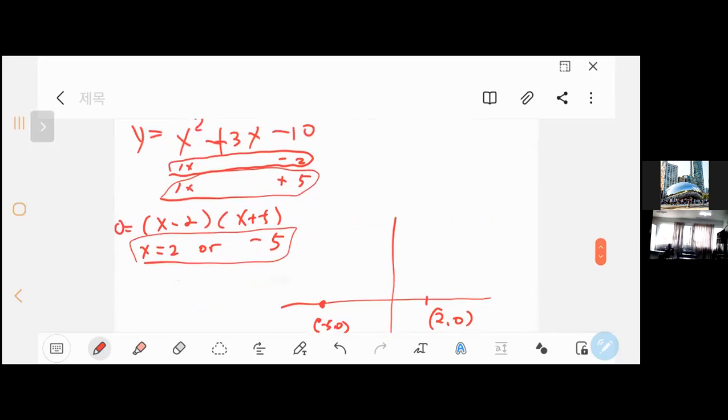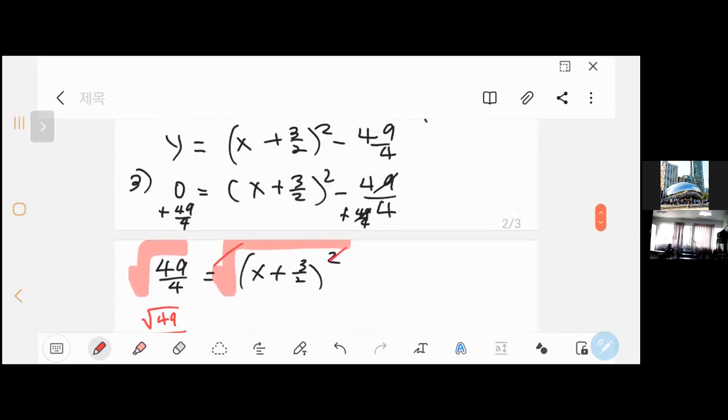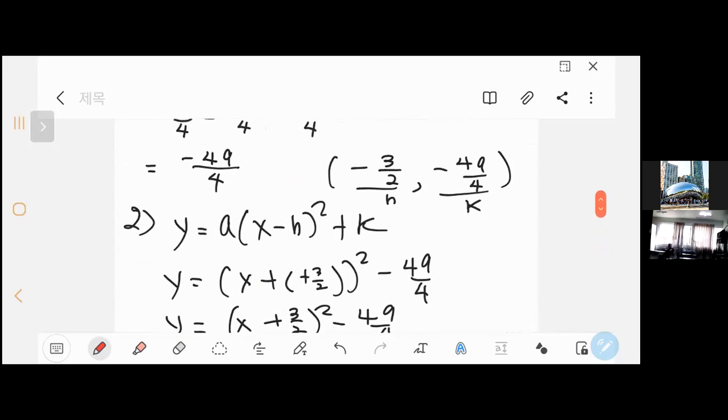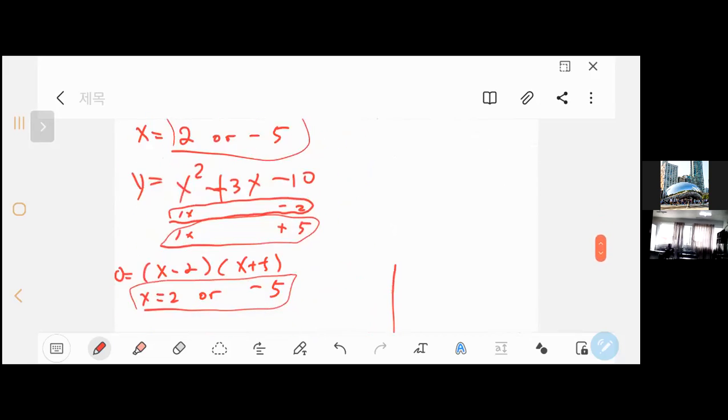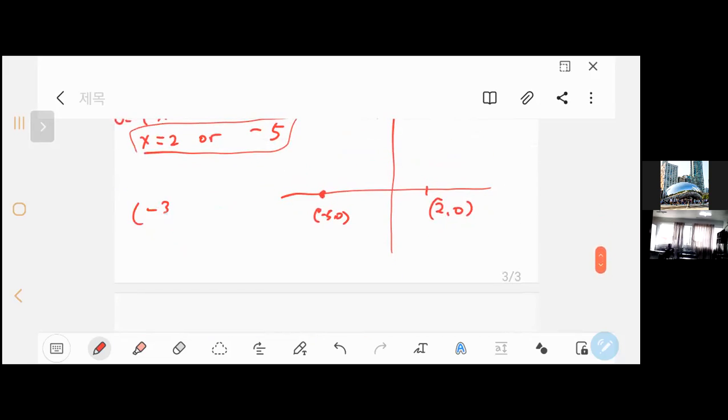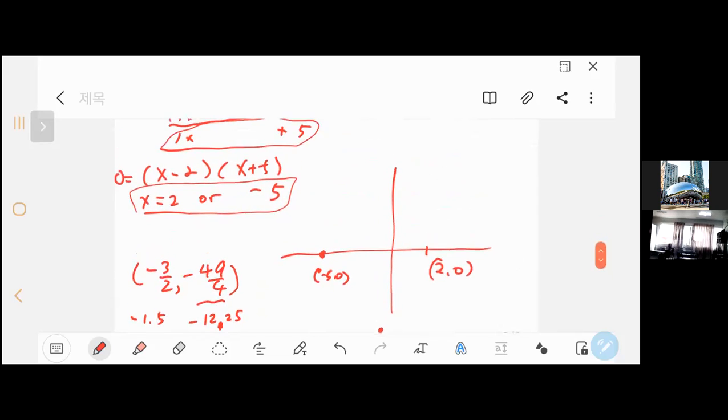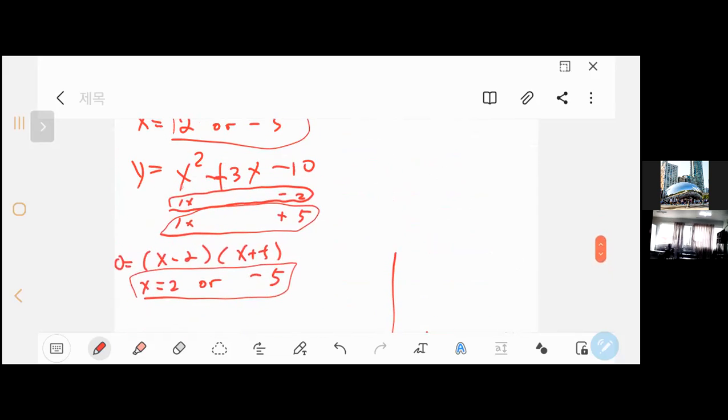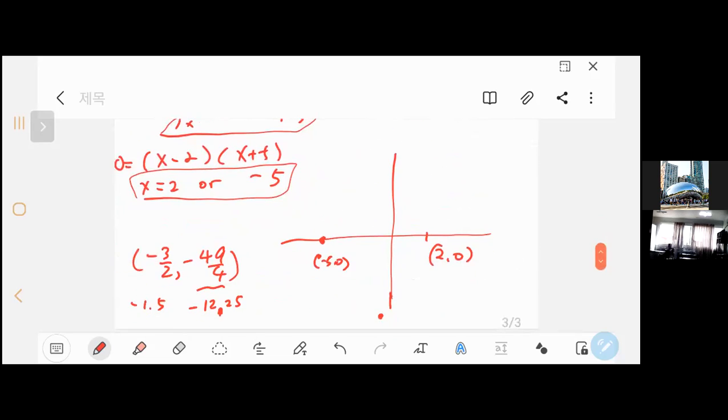Then your vertex was negative 3 over 2, comma negative 49 over 4, which is negative 1.5, comma negative 12.25, so somewhere here. Also your y-intercept: if you plug in 0 for x, you get 0, comma negative 10, and that's where I'm going to put it down.